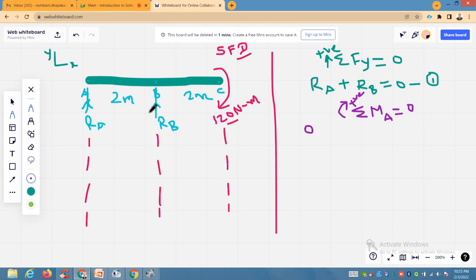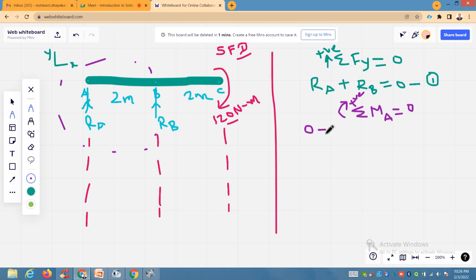RB is acting here and the lever arm from point A to B is 2 meters. Now you move your pen in the direction of force about point A. See this movement. You will find that this movement is in anti-clockwise direction. So anti-clockwise, negative.